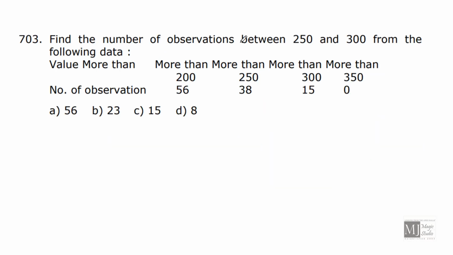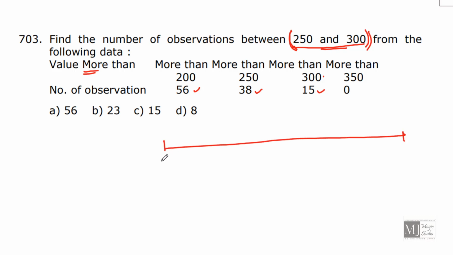Find the number of observations between 250 and 300 from the following data. Data related to values more than is given. More than 200 are 56, more than 250 are 38, more than 300 are 15. We need data between 250 and 300.